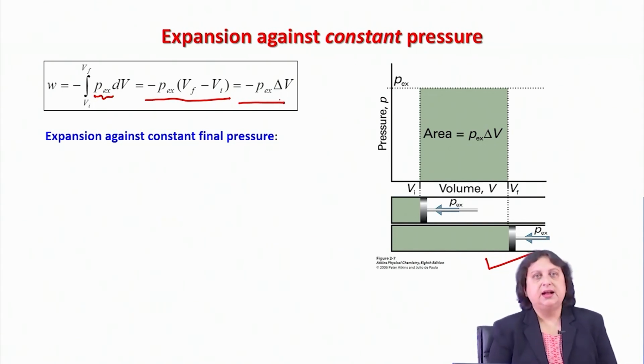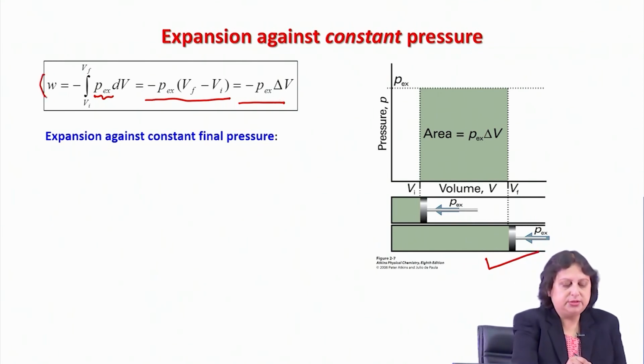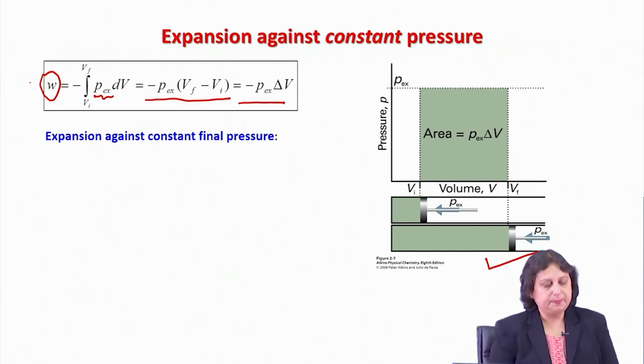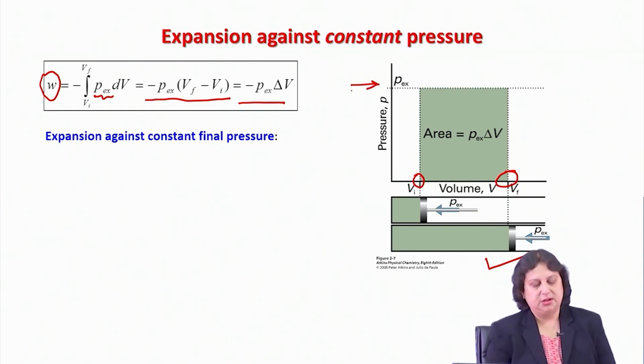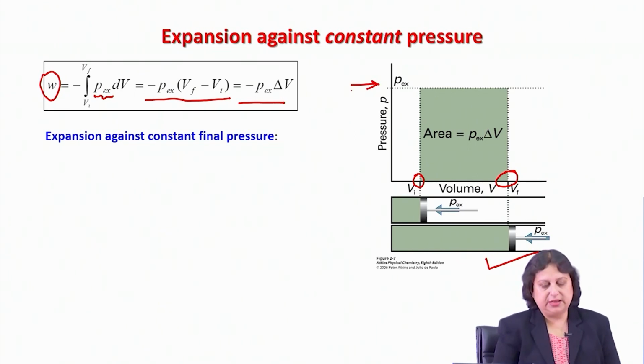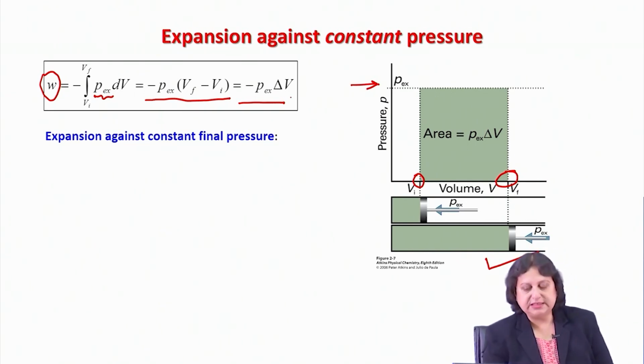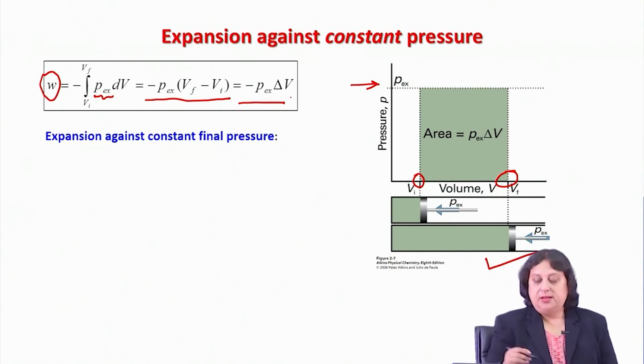And here is a graphical representation of the magnitude of this work done. In this case, my initial volume is this, my final volume is this, and work has been done against this constant external pressure, and the amount of work is minus P external into delta V. So what is this magnitude in this particular plot?